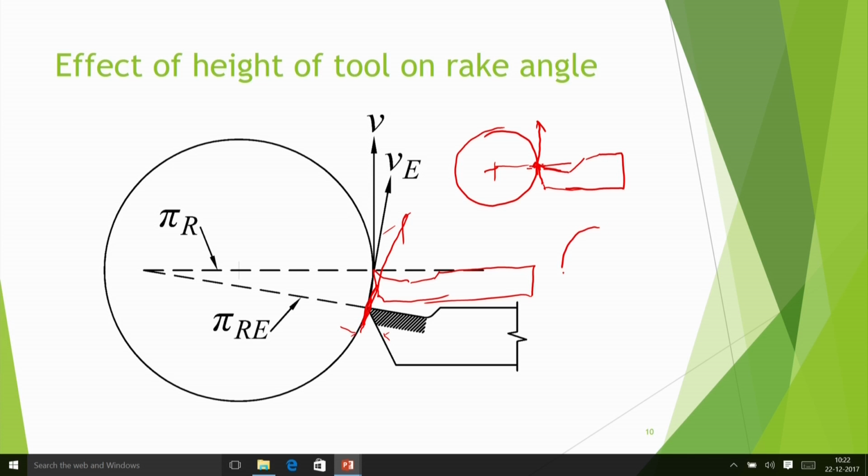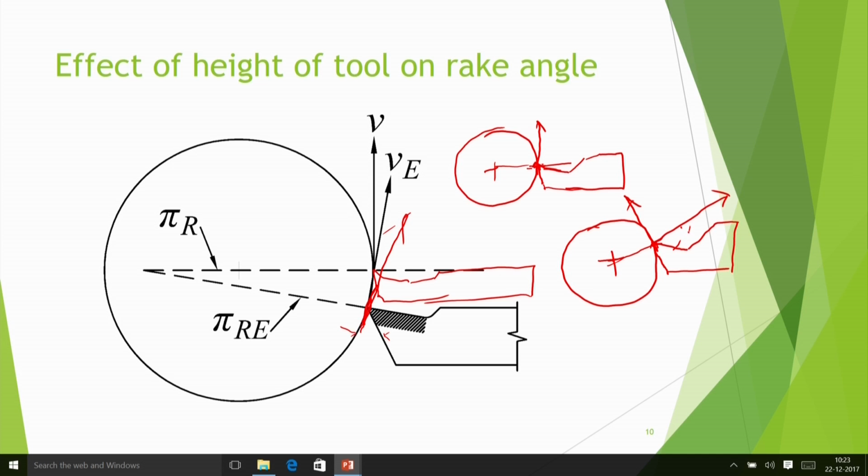But if I take the same tool like this, but mount it a bit upside, I am showing it exaggerated, and here it is like this. Now the velocity is in this direction, tangential, so the perpendicular will be in this direction. So you see that this angle has increased.